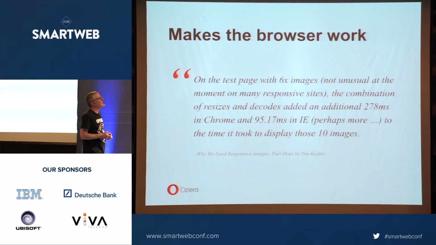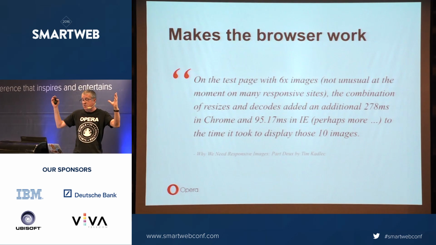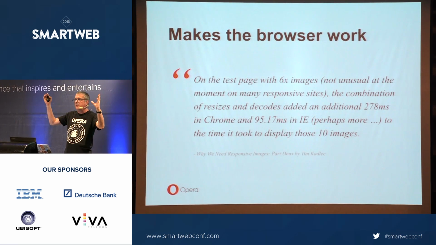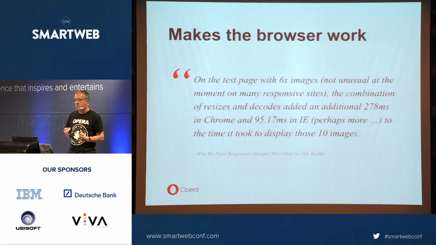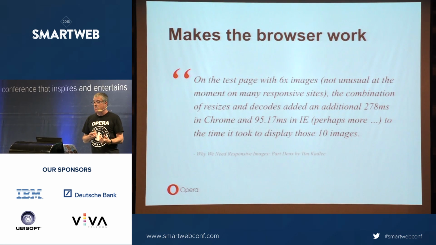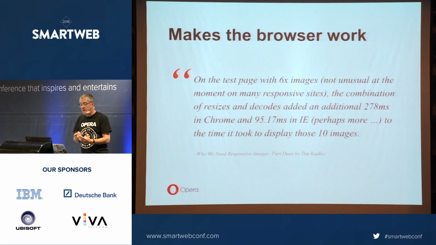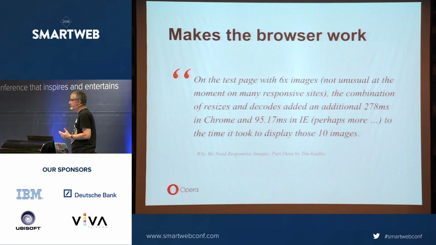Tim Kadlec quantified this on a test page with 6 times images. That is 6 times bigger than you expect the smallest display. The combination of resizes and decodes added 278 milliseconds in Chrome and 95 milliseconds in IE10, perhaps more, to display 10 images.